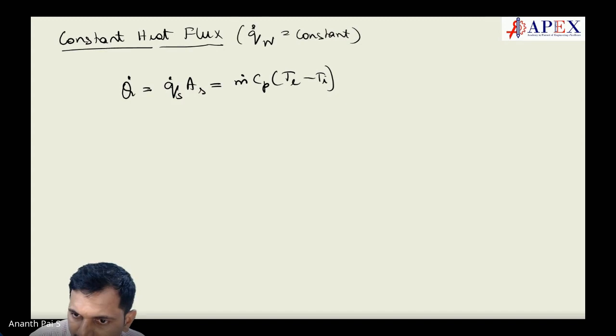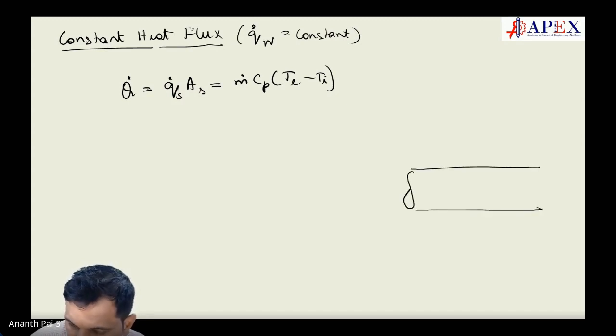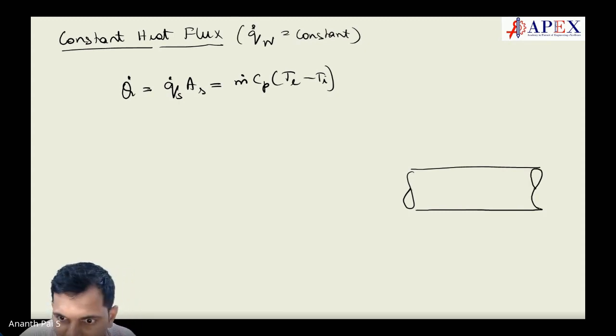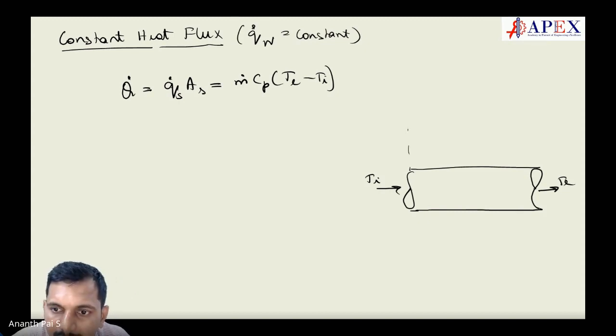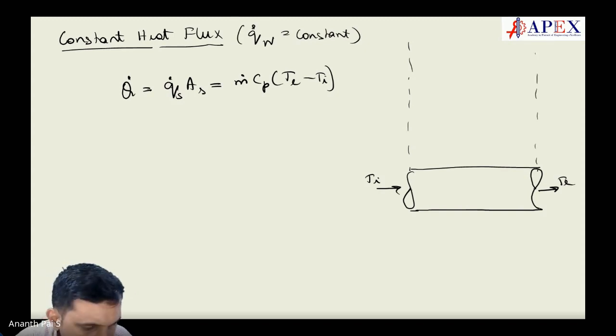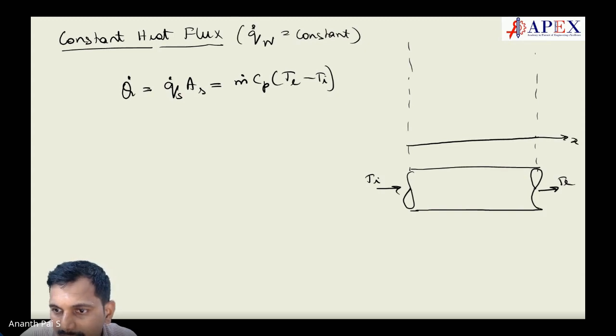So what is going to happen is if you have a pipe, okay, say there is T I which is going inside and T E which is going outside, temperatures. Now plot, if I plot the L, that is X, this side I will say X, versus mean temperature.